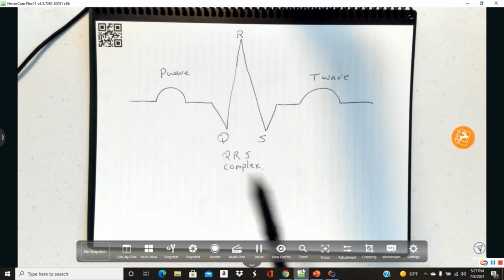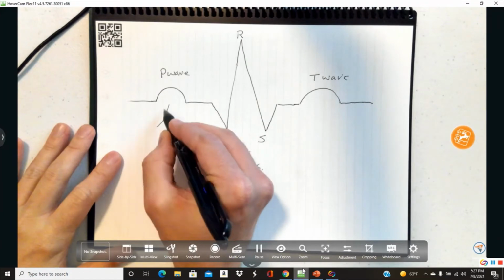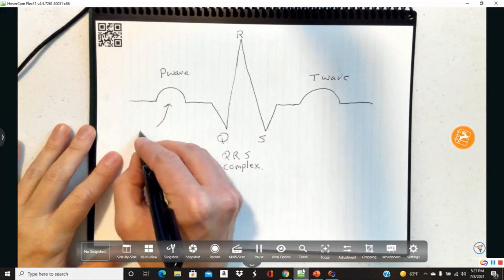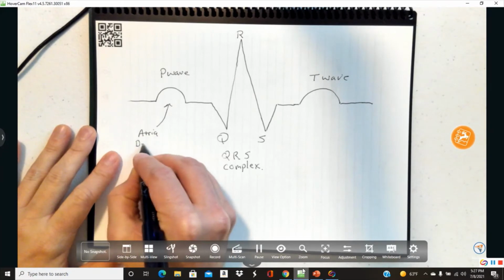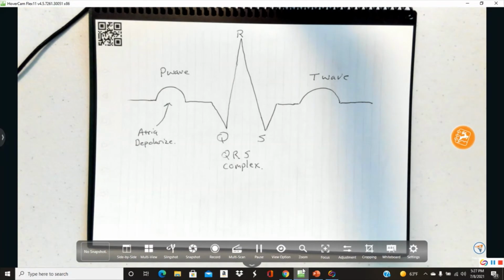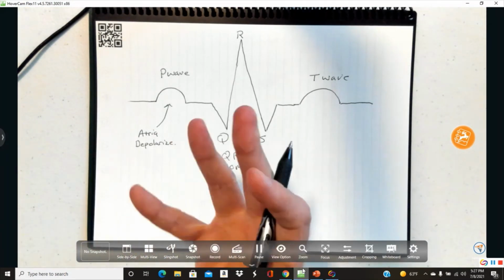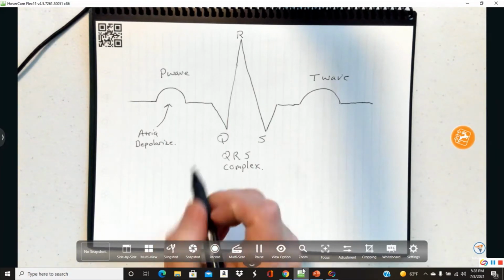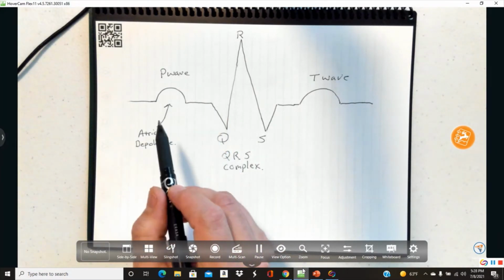A great thing to make sure you understand with the P wave is that the atria will depolarize. If the atria have depolarized, they will soon contract.